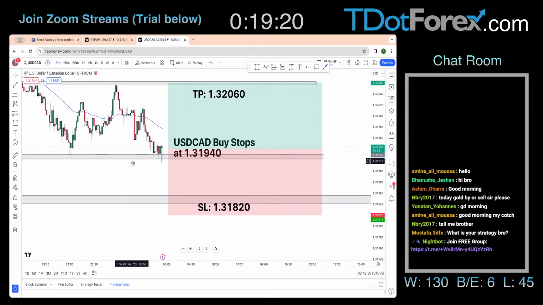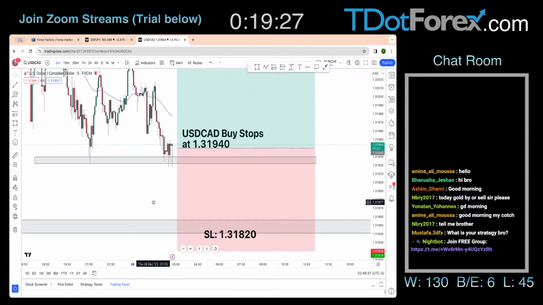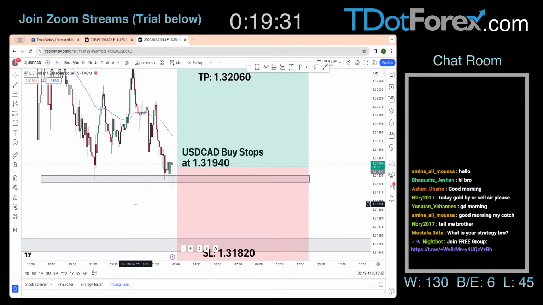What's my strategy? So I trade the range, right? So it's a range strategy. We understand that the market consolidates, right? Ranges, moves sideways almost 80% of the time.